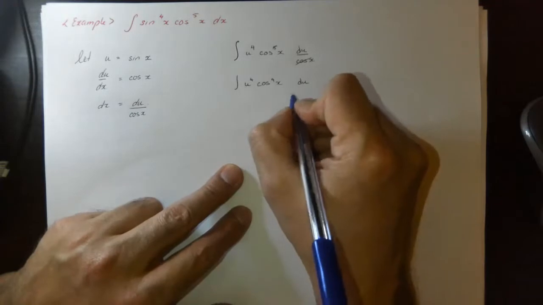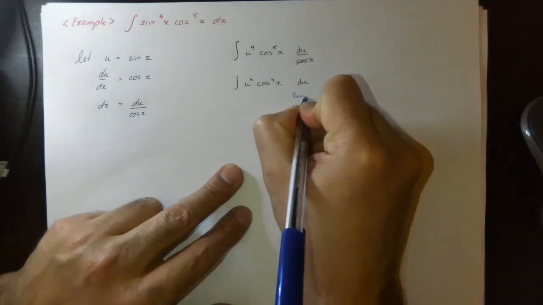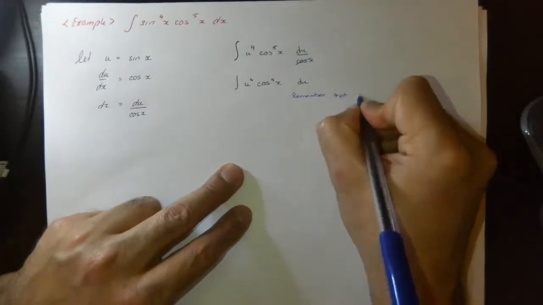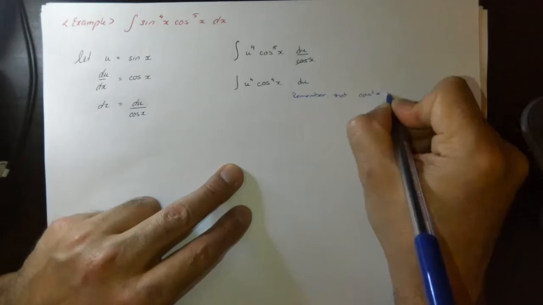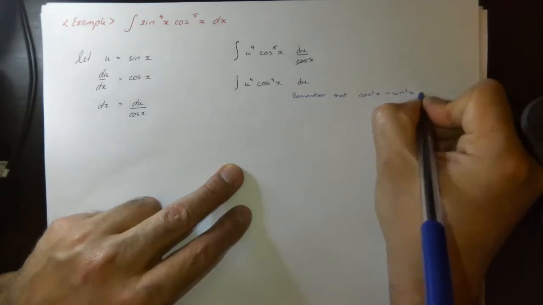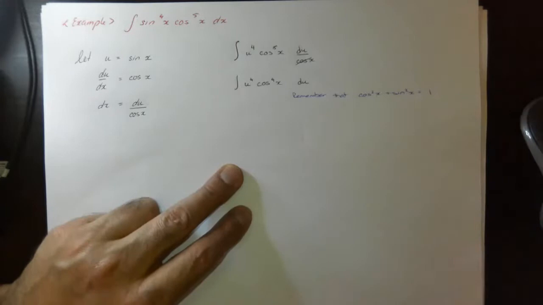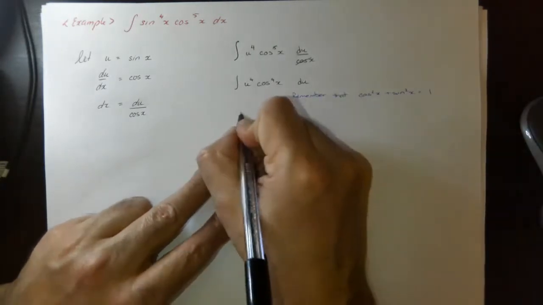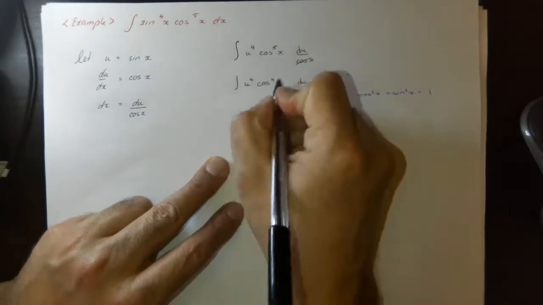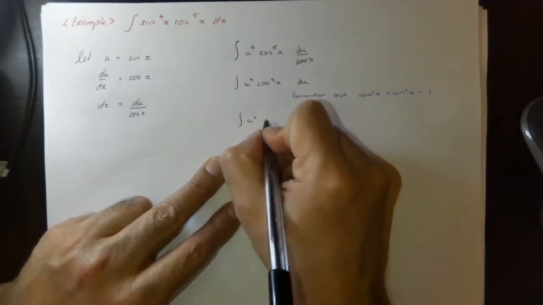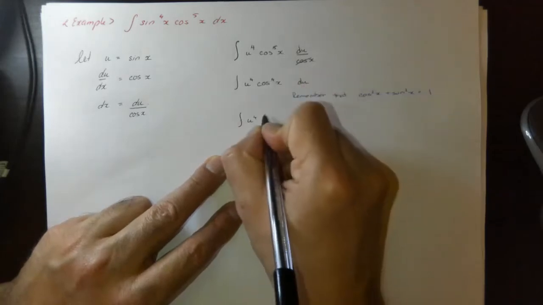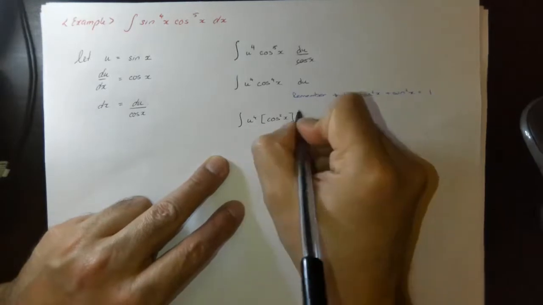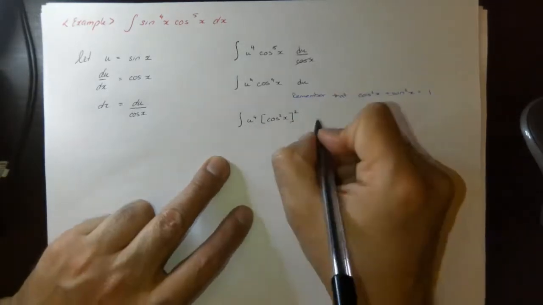Now remember that cos squared x plus sine squared x is equal to 1. Okay, using the Pythagorean triad. So what we actually have, instead of writing cos to the power 4, I'm going to write it as cos squared x, all squared, du.